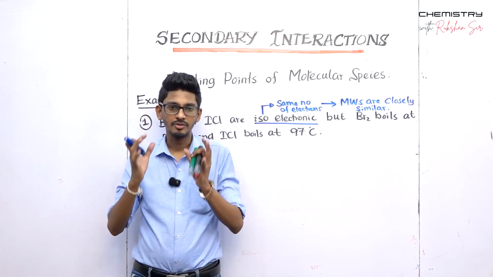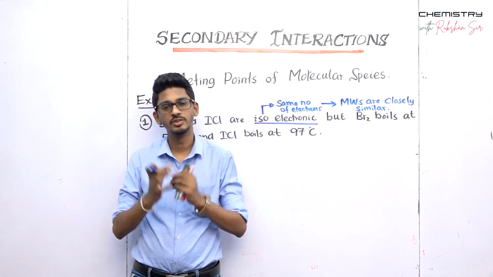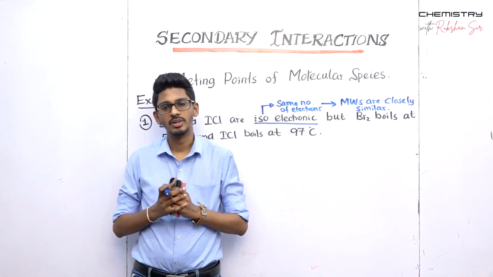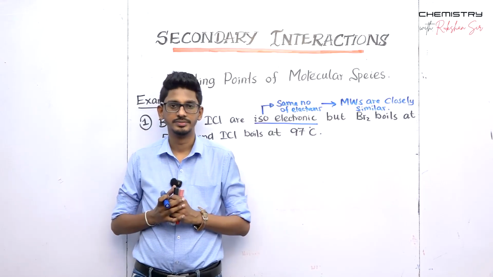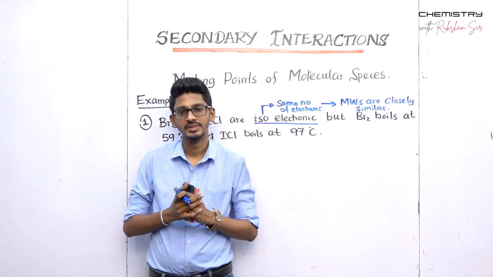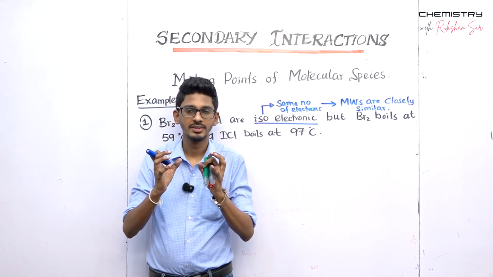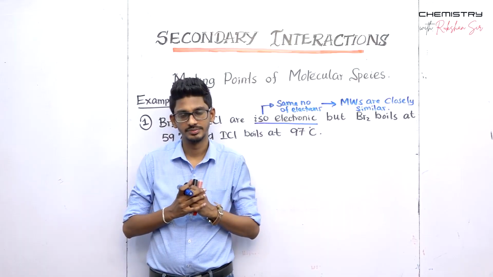To come up with the type of interactions, first we need to know whether the particles are polar or non-polar. If your particles are polar, which are referred to as dipoles, dipole-dipole interaction may occur.